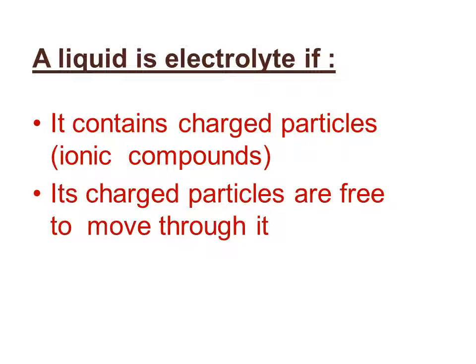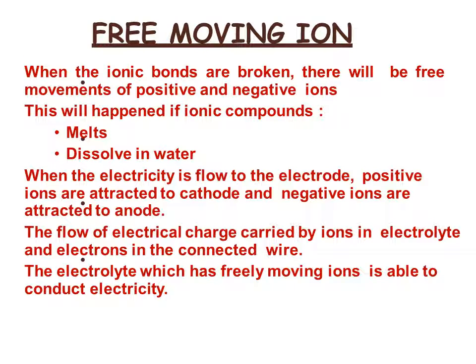Second point is, its charged particles are free to move through it. That means it can move through the medium, that means water. That means negative charge ions and positive charge ions are free to move through the water. Then what do you mean by free moving ions? As we talked in the previous slide, when the ionic bonds are broken, there will be free movement of positive and negative ions.